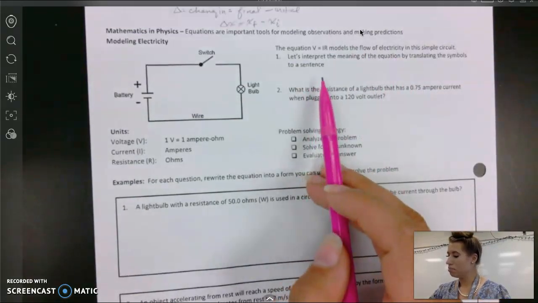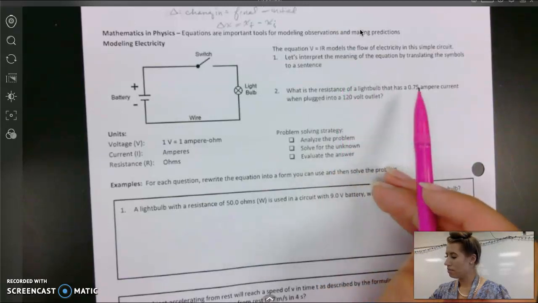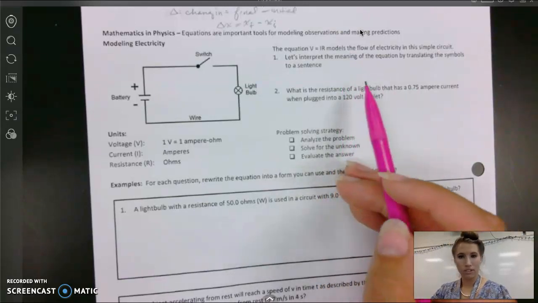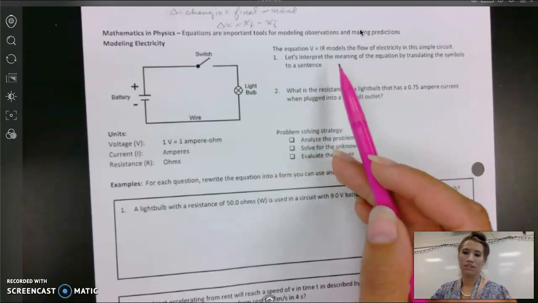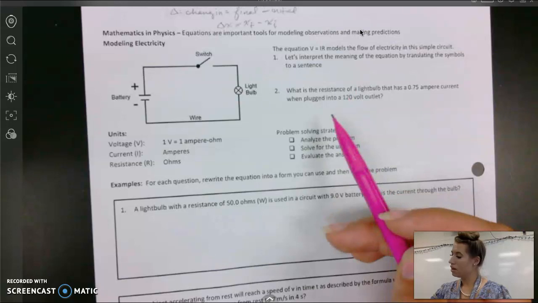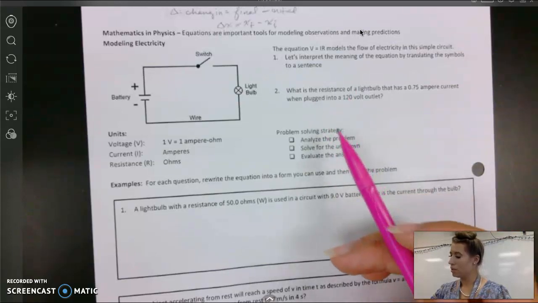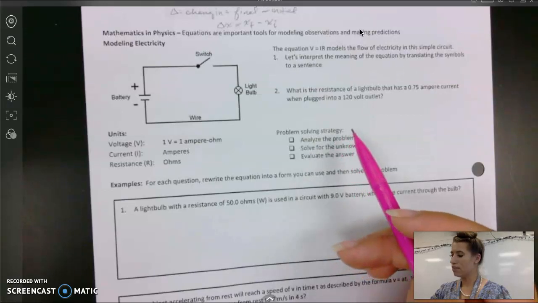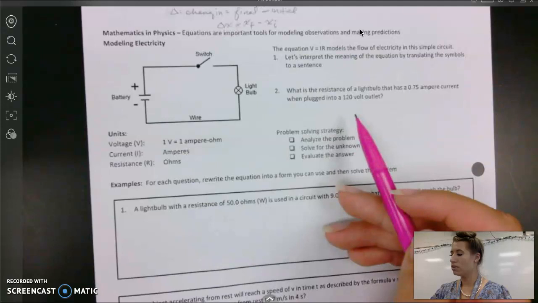So let's interpret the meaning of the equation by translating the symbols to a sentence, like we just did. Well, voltage is going to equal current times resistance. Okay. What is the resistance of a light bulb that has 0.75 amps current when plugged into a 120 volt outlet?